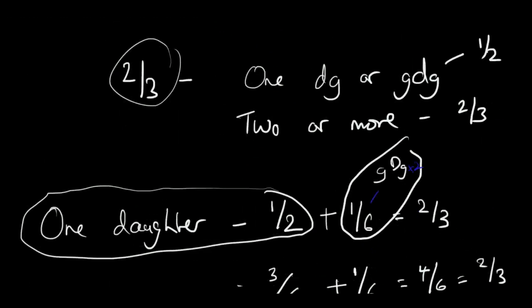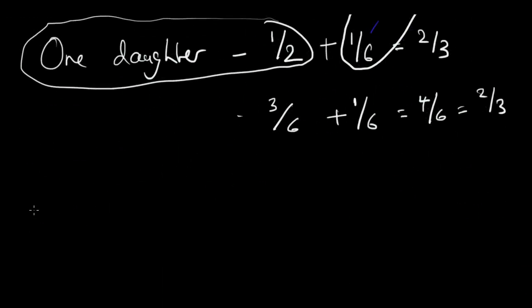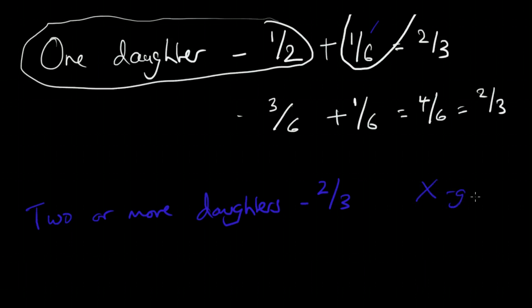However, if there's 2 or more daughters, we learned from the previous lesson on daughters that they receive 2/3, and as they've completed the 2/3 that are allotted to the daughters or to the women, there's nothing left over for granddaughters, so the granddaughters are deprived.